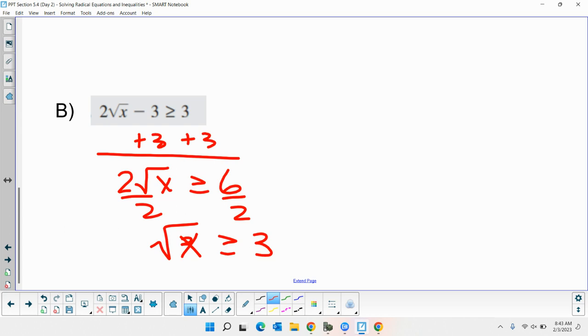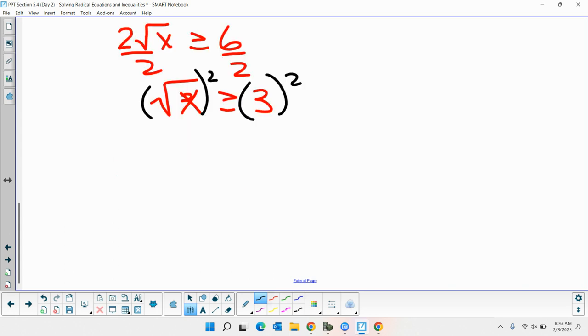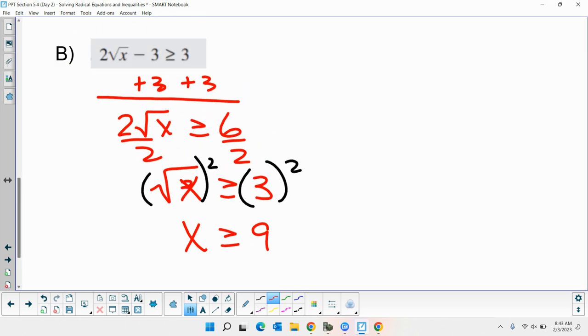Now what? Square, right? So x is greater than or equal to 9, right? And here it's just x has to be greater, since it's square root again, even, greater than or equal to 0.